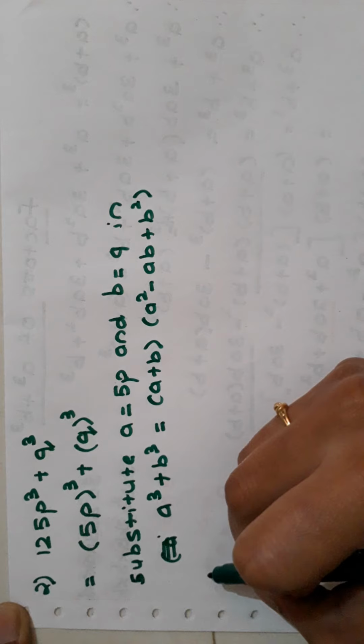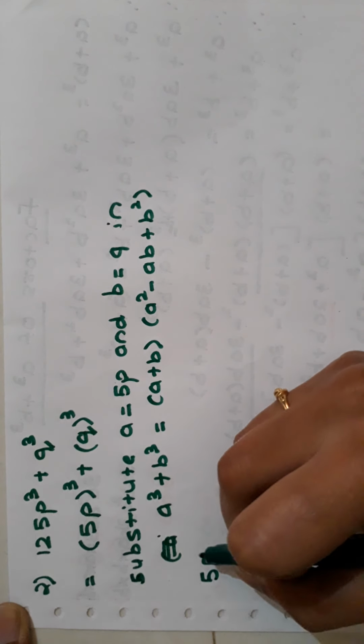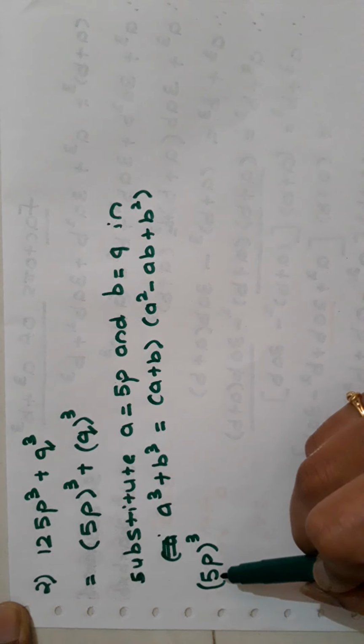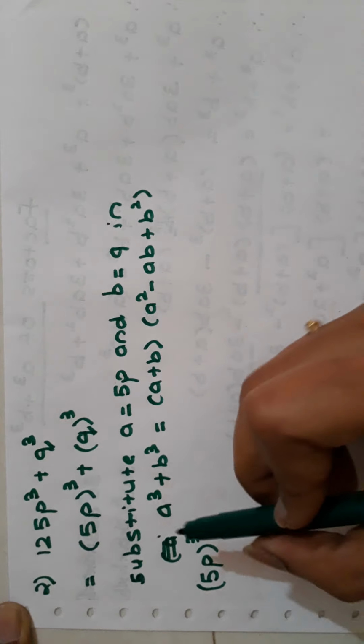So make the substitution. A is 5p. Since it is coefficient into variable, we put it in a bracket and then cube outside.